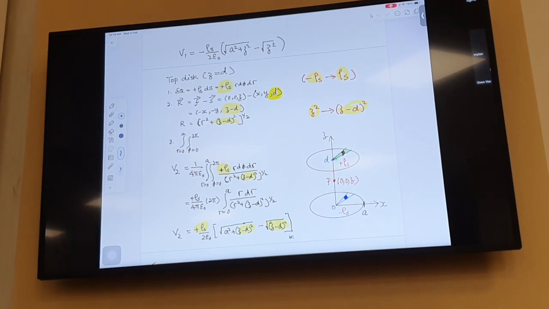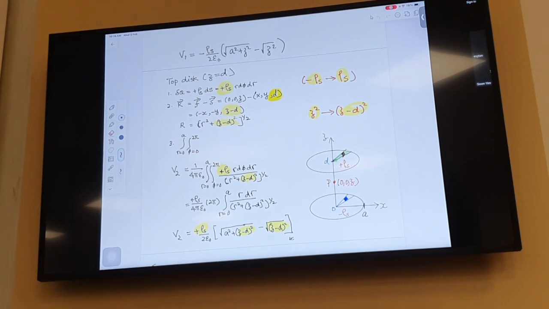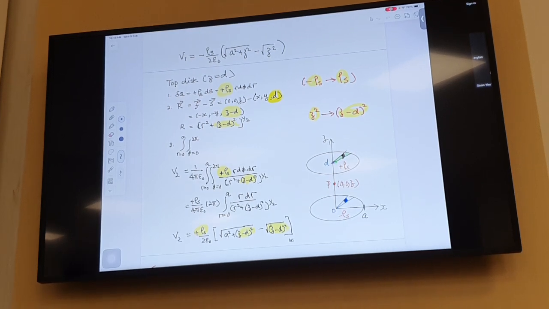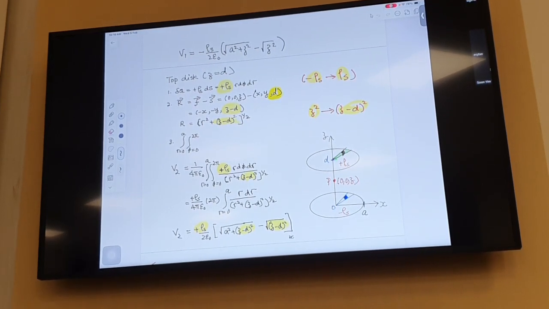Okay, next one. How about the top dish? Everything is the same, except the top dish is at z equal to d rather than z equal to 0. So you have distance measured from the origin for the bottom dish, and distance measured from z equal to d for the top.